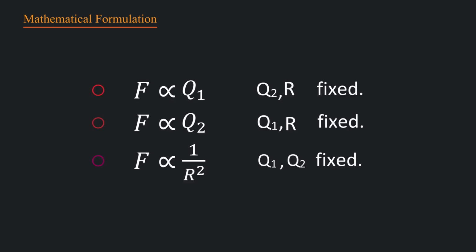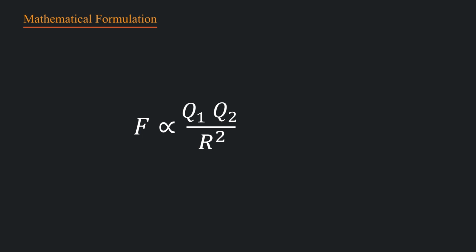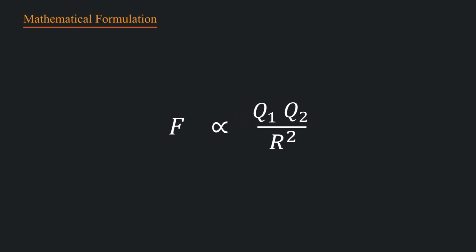Let's start with these three relations, and it's very obvious that we can combine them into one according to the rules of proportionality. To turn it into an equation, we need to introduce a proportionality constant. Let's call it k. So we are done with the magnitude of force.